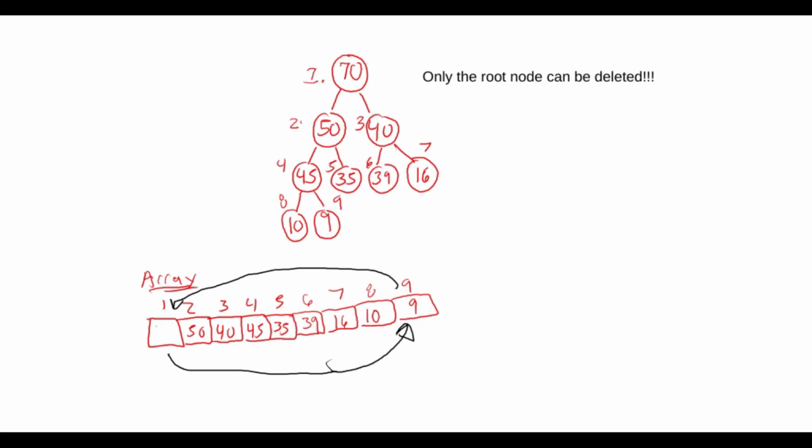So index 1 is now 9. And index 9 is 70, the last value.